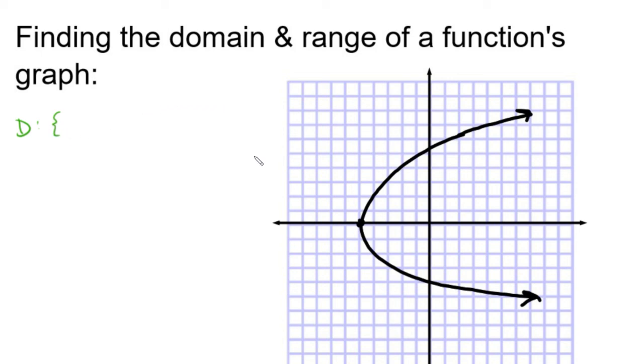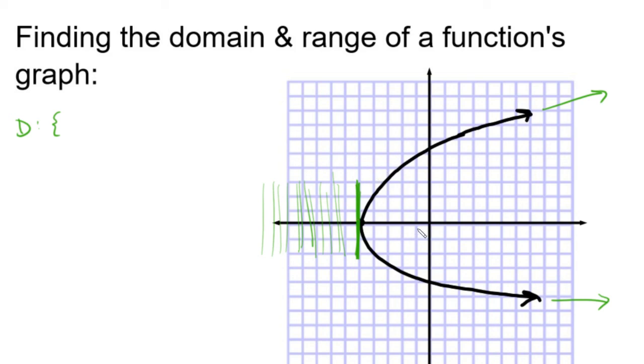So, hopefully you came to the conclusion that this was the x value that was farthest to the left that was still on my graph. Because every other x value to the left of that one is not going to cross this parabola, because the parabola only goes to the right. It doesn't go to the left any more than this. So that means all of these values are never going to get crossed by your graph.